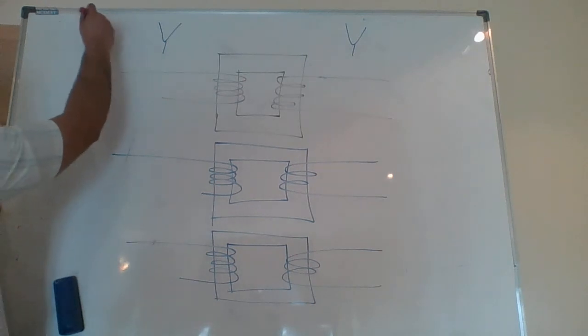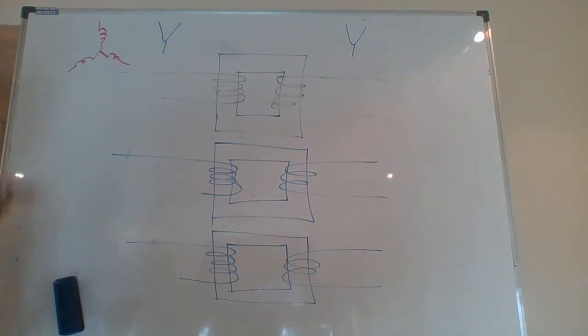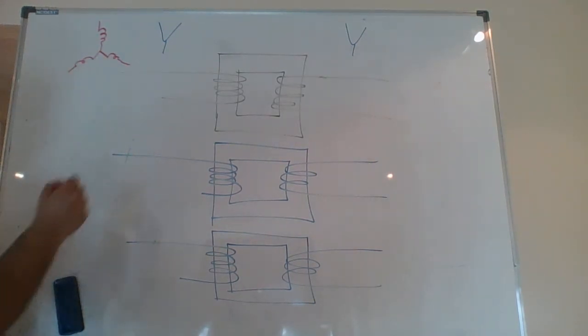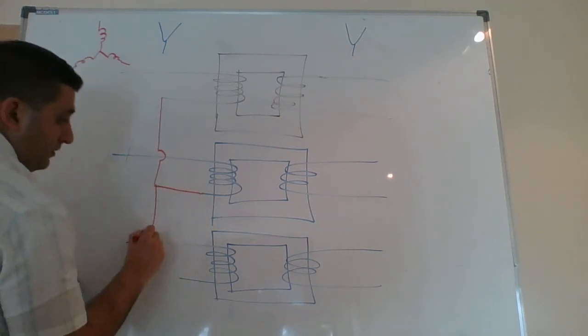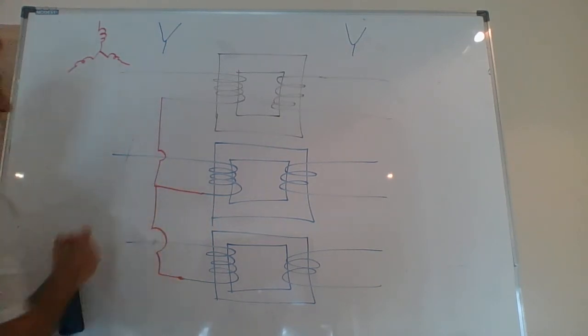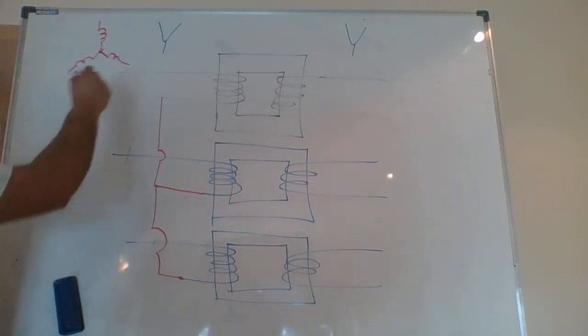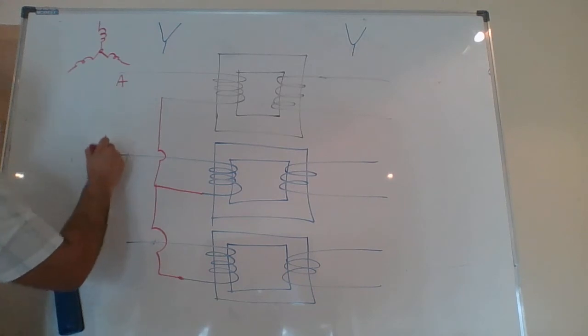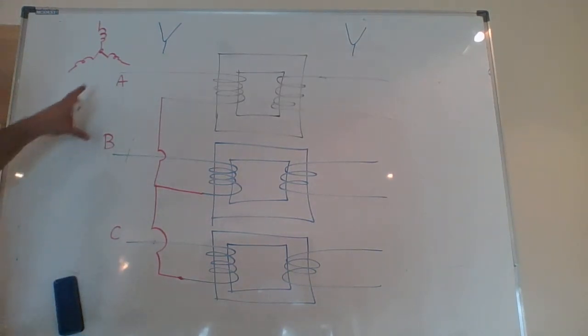Look, this is my winding connected to this winding, connected to this winding. This is my Y connection. So what I do is I take one side of the windings connected into here. This I establish the connection for the Y, and this will become A, B, C. This is now my primary side connection as a Y.